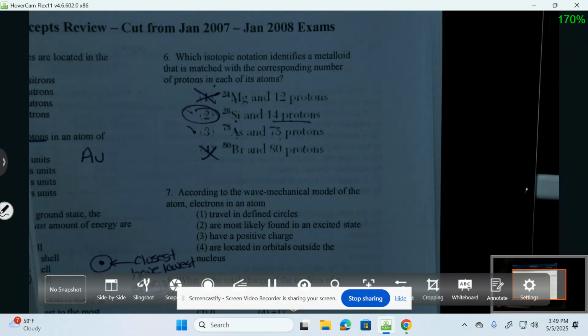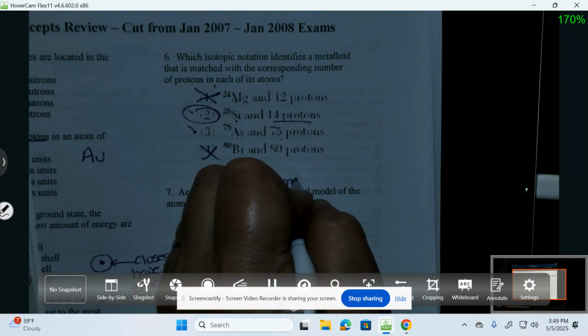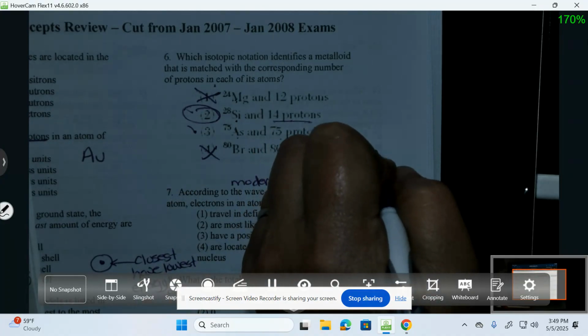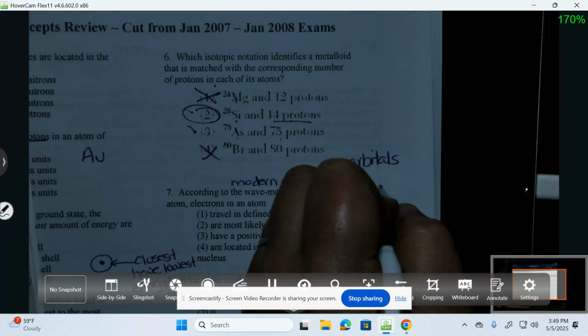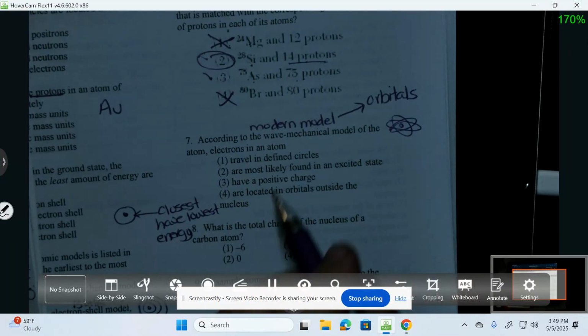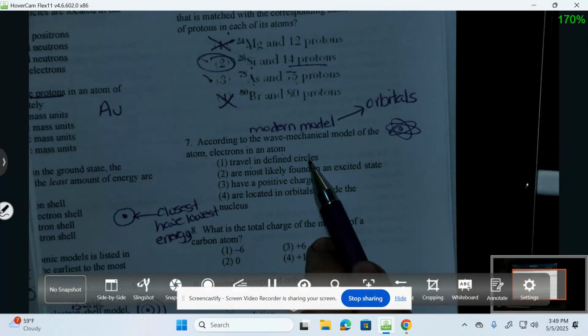7. According to the wave mechanical model, that's the modern model. As soon as you see the modern model, I didn't even finish reading it, I'm thinking orbitals. Because it looks like this, right? According to the wave mechanical model of the atom, electrons in an atom travel in defined circles. Nope, that's the Bohr model.